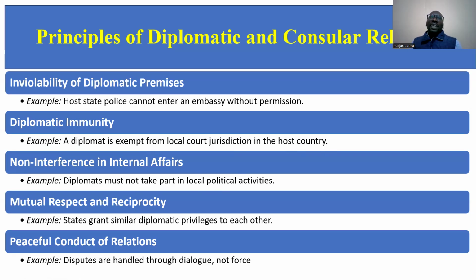If you are representing your country as an ambassador, you should not involve yourself in the politics of the country. Mutual respect and reciprocity. States grant similar diplomatic privileges to each other, so there should be mutual respect between country A and country B. Peaceful conduct of relations. Disputes are handled through dialogue. There should be no force.